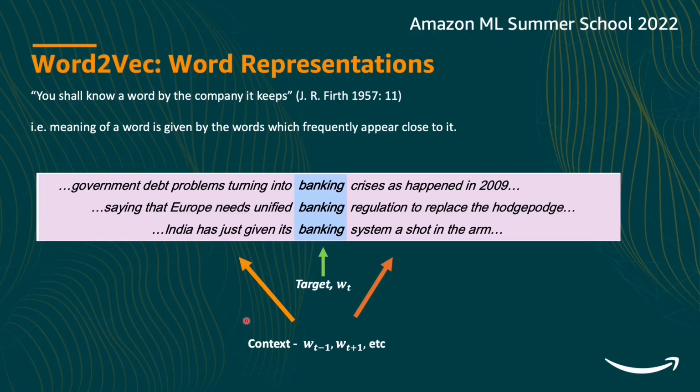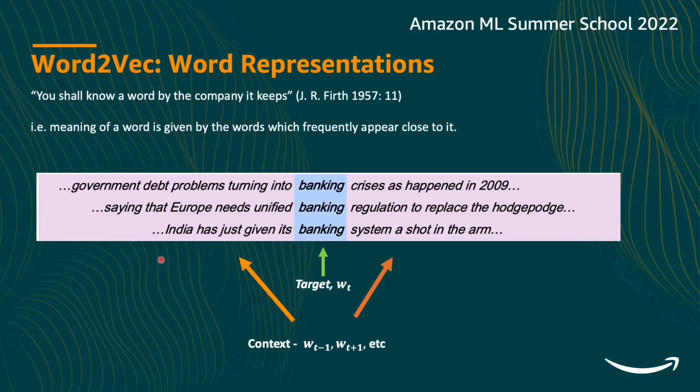So here it ties the meaning of a word with the context in which it appears. And it intuitively makes sense because if we know which word to use in a given context, then we know the meaning of that word.